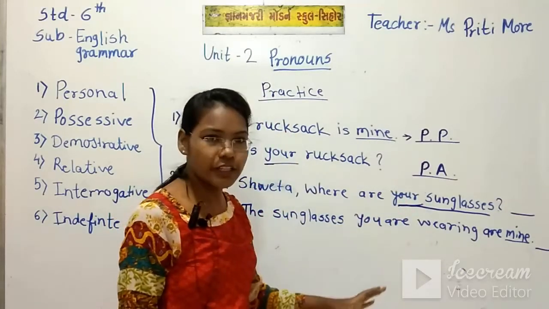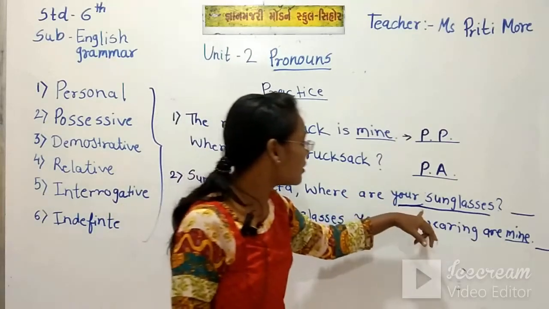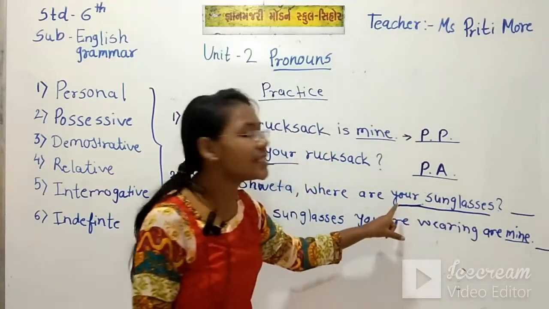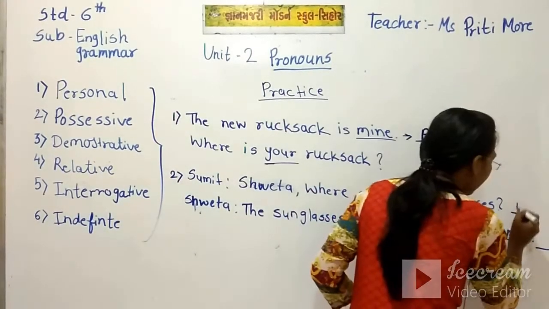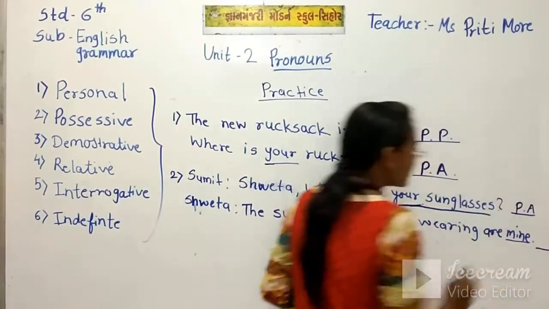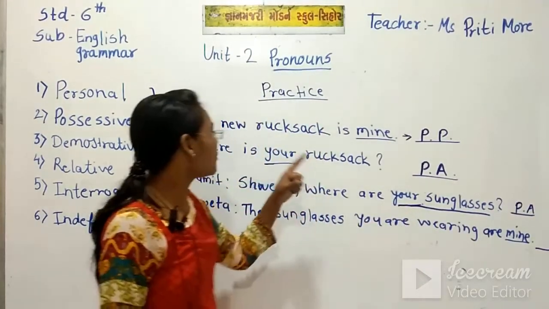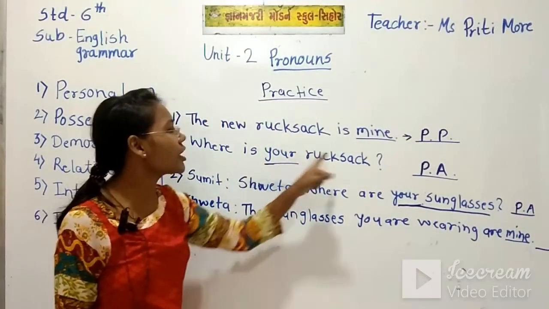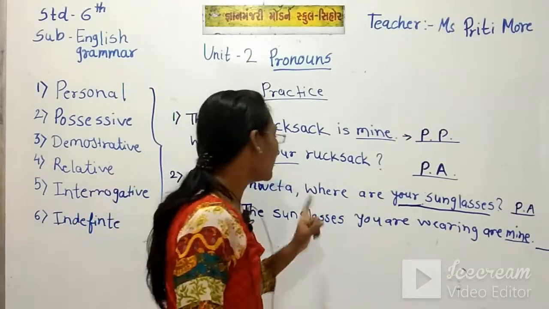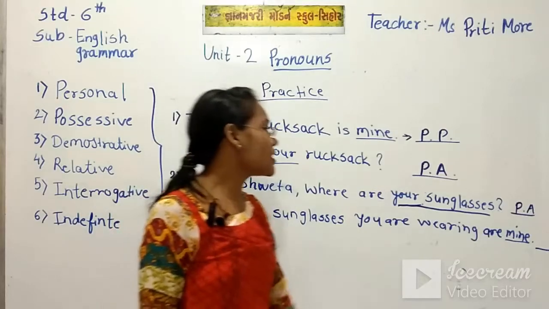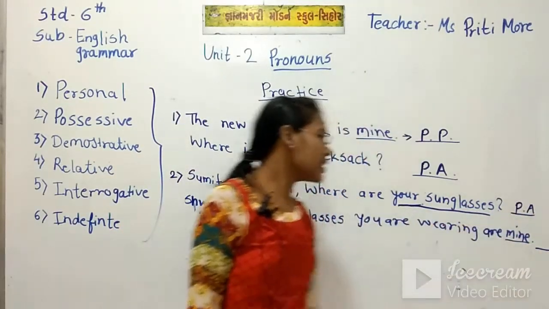There is no authority, no possession showing. That's why this underlined word is PA, possessive adjective. In the first sentence also, your rucksack is the possessive adjective, and in the next sentence also your sunglasses, so this is also a possessive adjective.